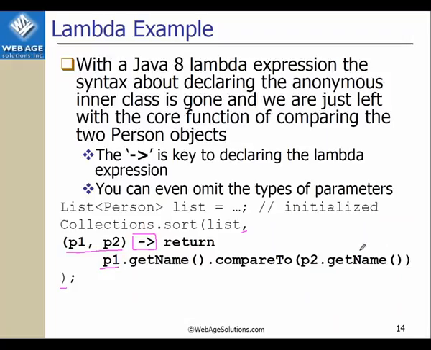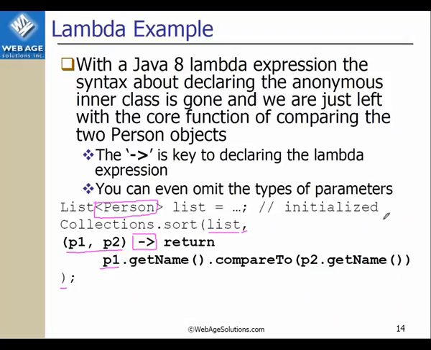All right, they are. We're inferring these are going to be two person objects, basically because the list that's being passed in has a qualification of person objects. So if you're going to pass in a comparator for this sort, it needs to be a comparator that can sort person objects.